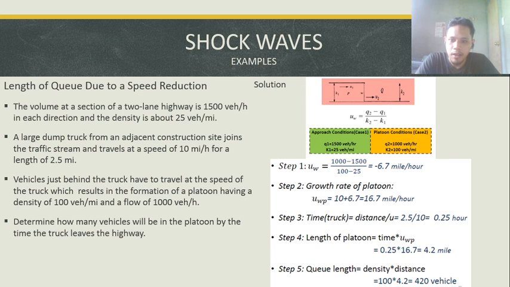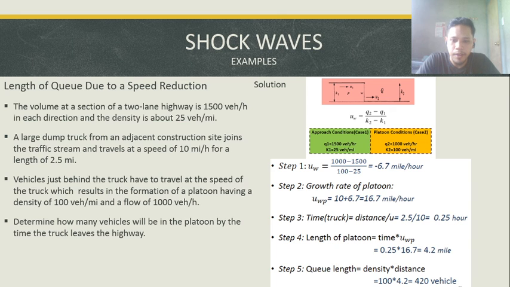So, change in flow over change in density: Q2 minus Q1 over K2 minus K1. Q1, which is flow 1, is 1500 vehicles per hour. K1 is 25 vehicles per mile, Q2 is 1000 vehicles per hour, and K2 is 100 vehicles per mile.